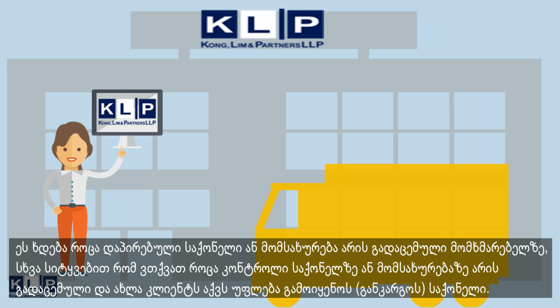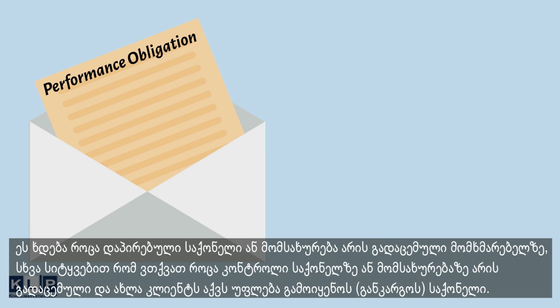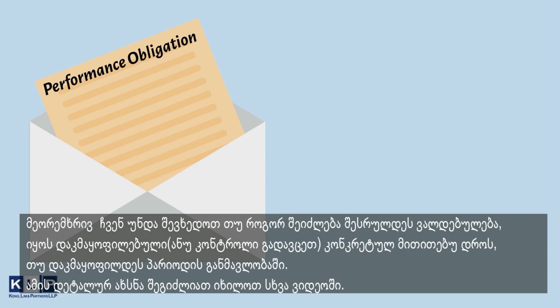Now the customer has the right to use the goods or service. Secondly, we have to look at how a performance obligation can be satisfied. It can be satisfied over time or at a point in time. Details of this can be found in our other videos of the series.